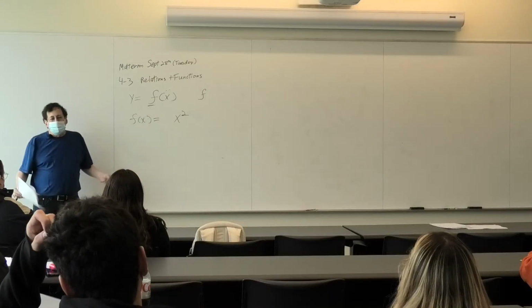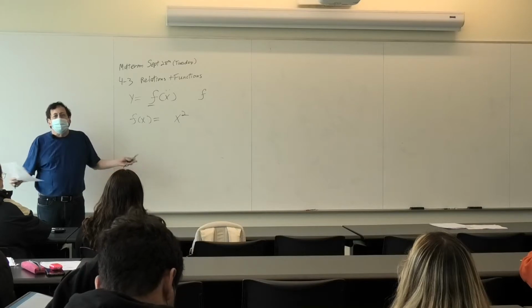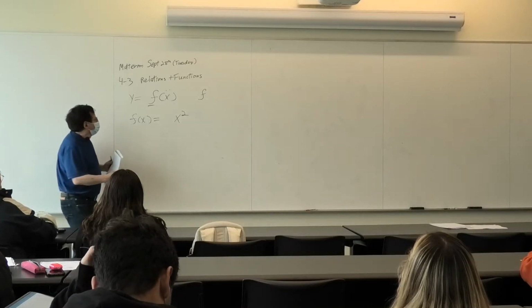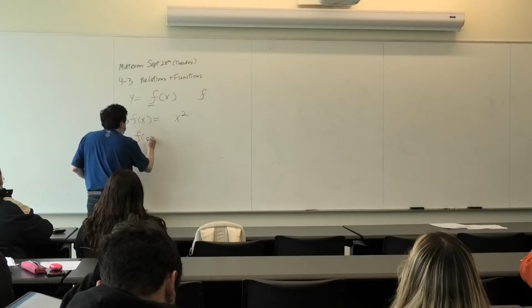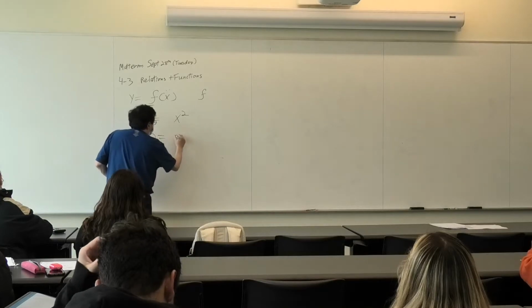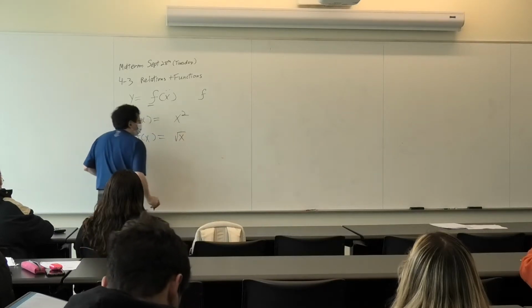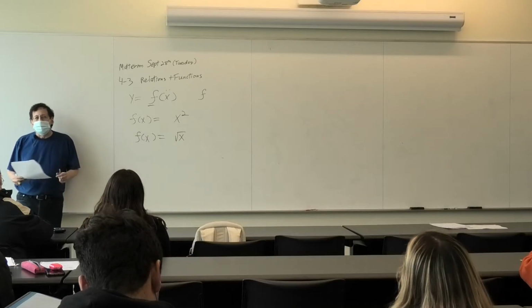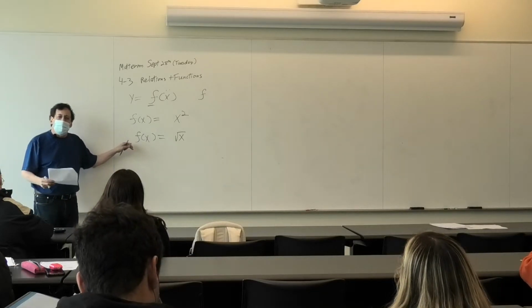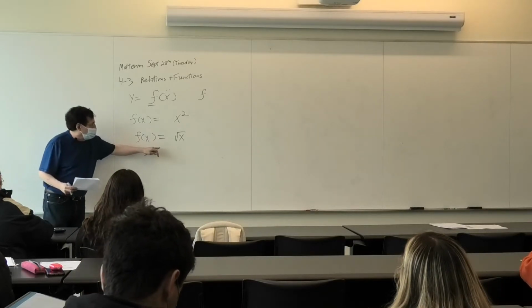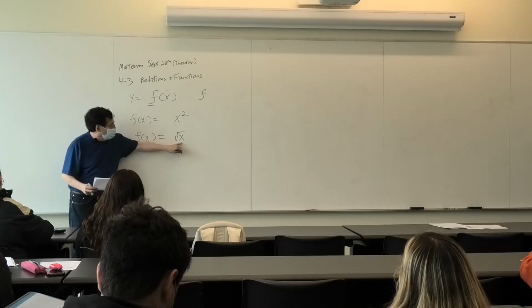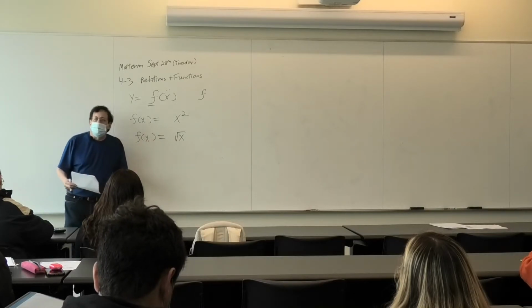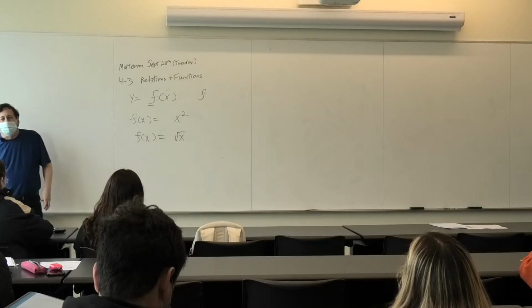For us, it's all the real numbers. But if, on the other hand, I said f of x equals the square root of x, what about that? If I don't tell you what the domain is, what's the domain of this function? Think about that for a second.